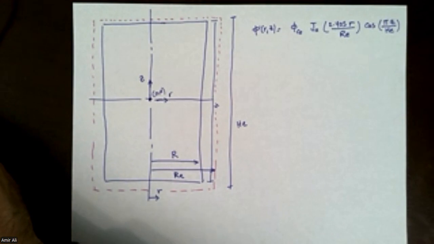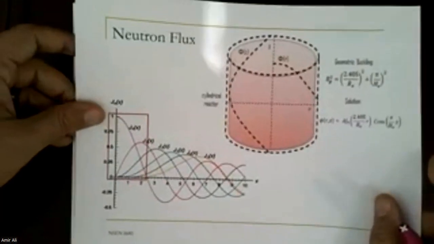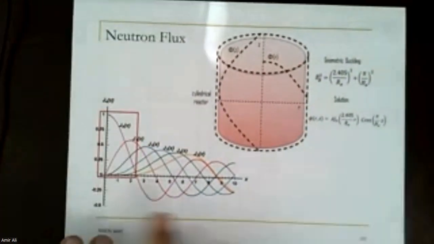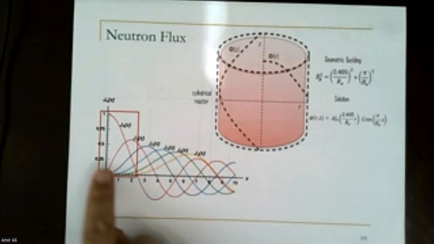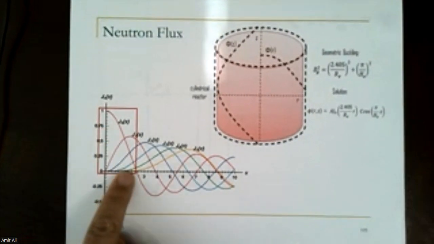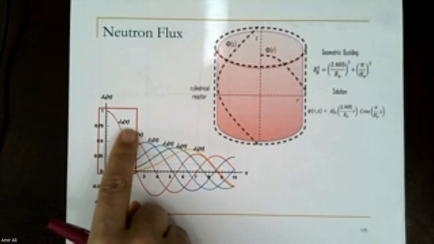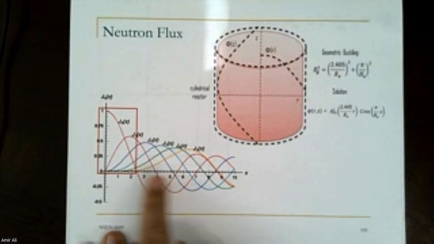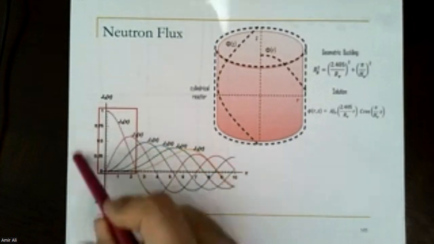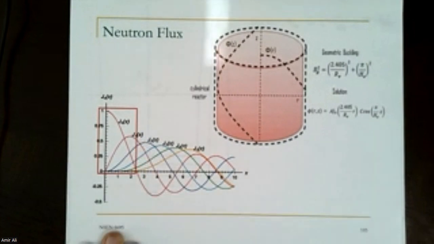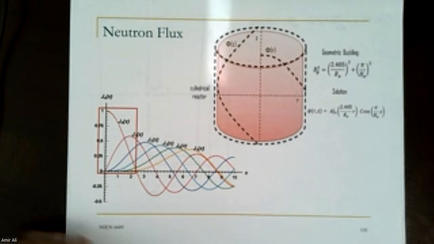Let me show you mathematically how it looks. Bessel function of order 0 is simply a cyclic function. This is J naught, the order 0 Bessel function. This is order 1, this is order 2, this is order 3. We only deal with the order 0 Bessel function. If you look at the first cycle or half cycle of that Bessel function, it looks exactly like a cosine function, starting from 1 and going to 0 in that first period.